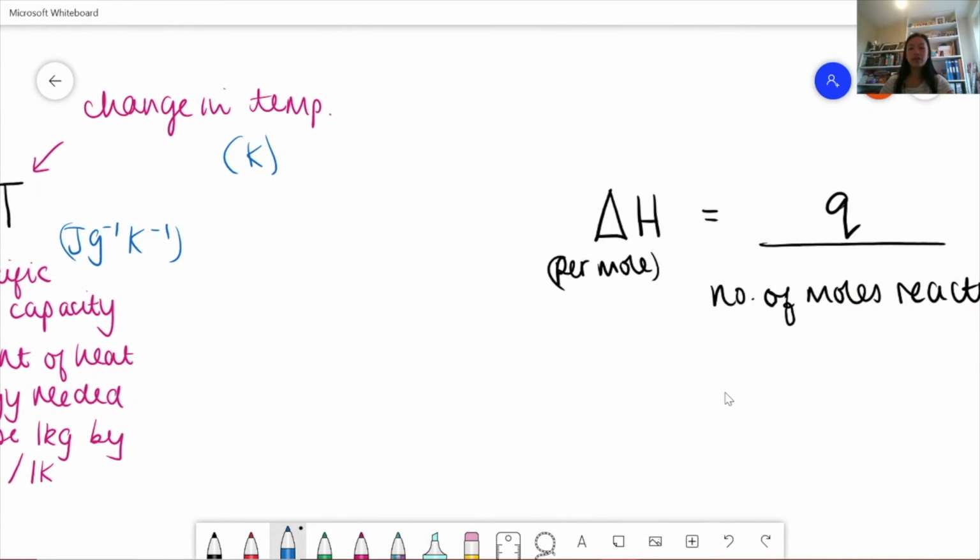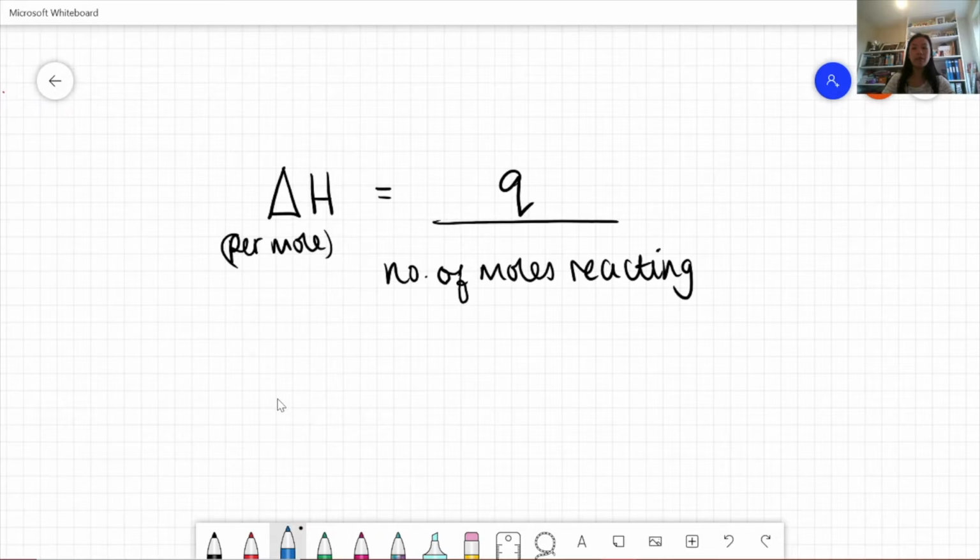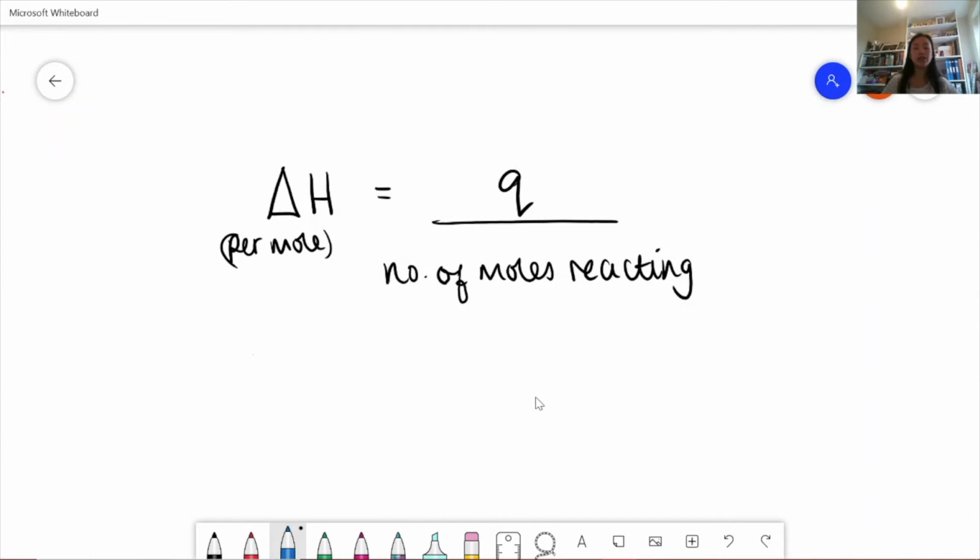And then after we've found the heat energy which has been released or taken in, we can then find the enthalpy change. And enthalpy change is always per mole, and it's always measured in kilojoules per mole.